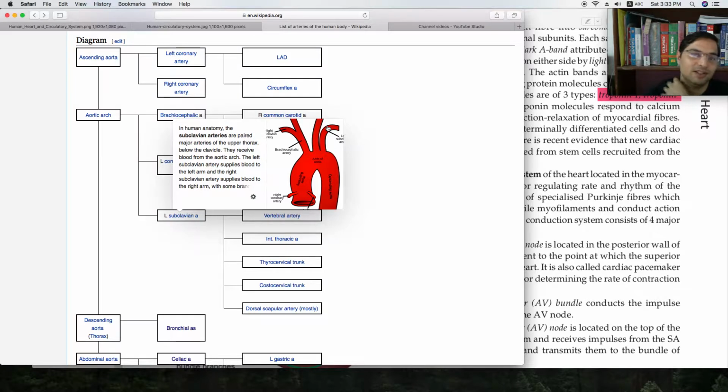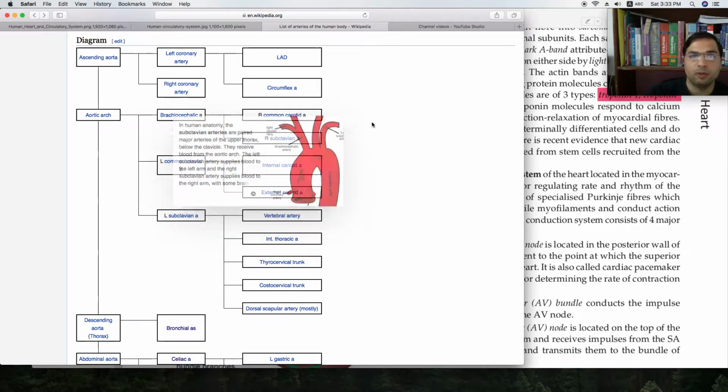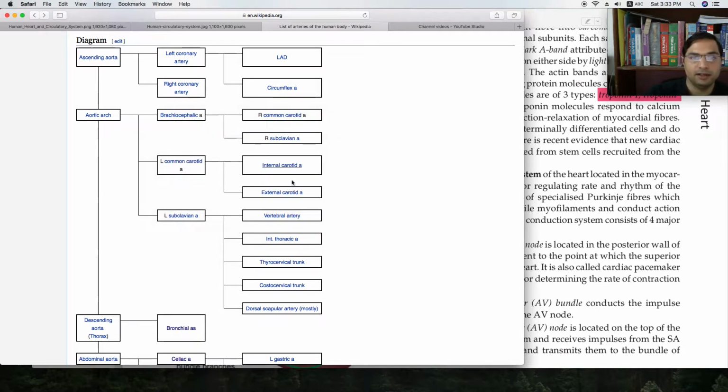So the head region receives blood through carotid arteries, both right common carotid artery and left common carotid artery. Right common carotid artery again divides into external and internal, whereas left common carotid artery is also dividing into internal and external, right?